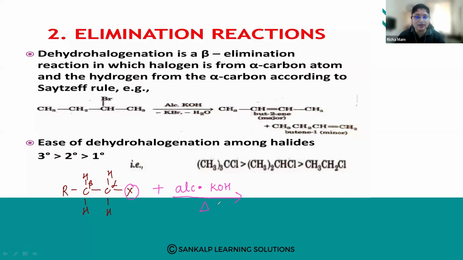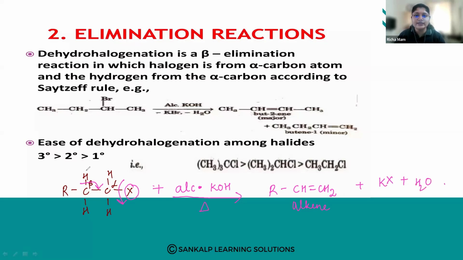When you heat this alkyl halide with alcoholic KOH, what is happening? One hydrogen and one halide are removed, and what you obtain is an alkene. So this is an elimination reaction with the removal of H and X, and one water molecule is eliminated.